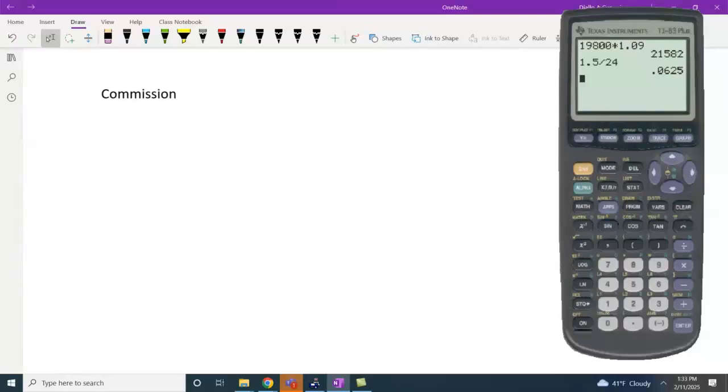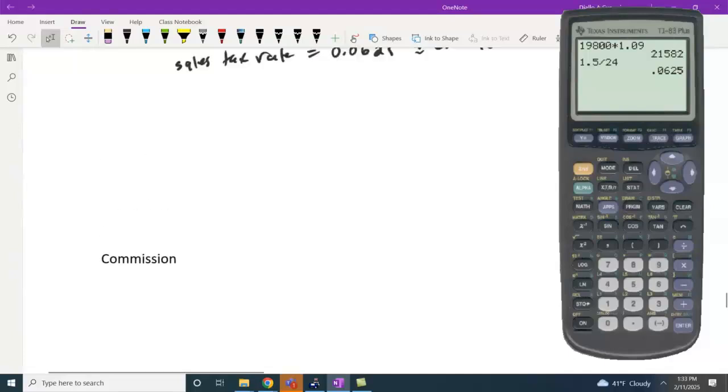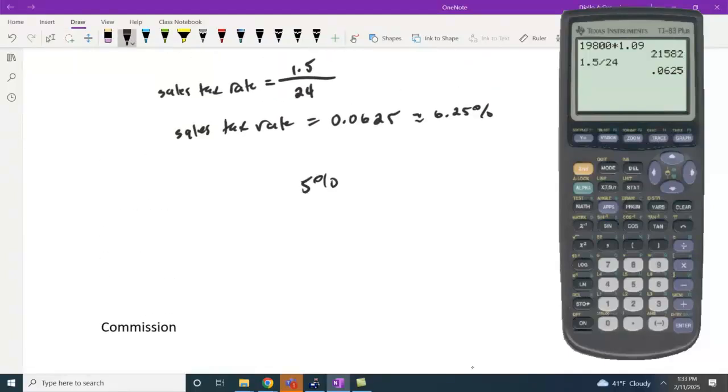Suppose the sales tax rate in a certain state is 5% of the purchase price. If the new food processor sells for $750, how much is the sales tax? So just 5% of $750, right? Should be. They want to know the sales tax amount. That's the question. So they give you a 5% rate, sales tax rate.